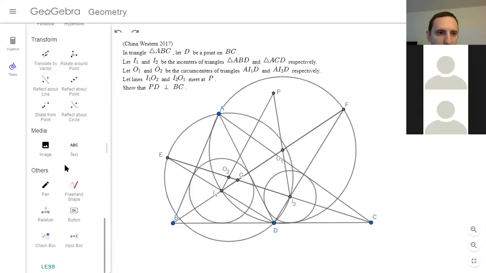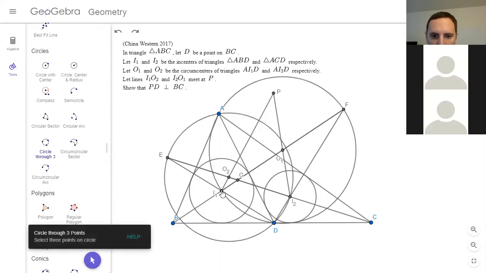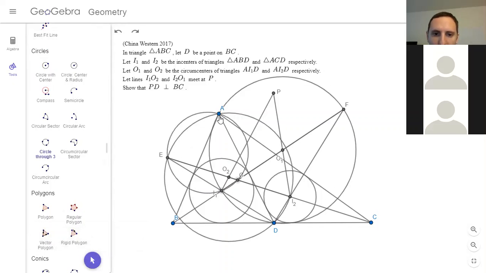I feel like there's probably some cyclic quad we're missing. Let's try. Okay, so I think we were missing these two cyclic quads. It's probably an angle chase, but let's see. So I think EI1GA is cyclic, because we know AG is an angle bisector, so we could compute angle AGE.